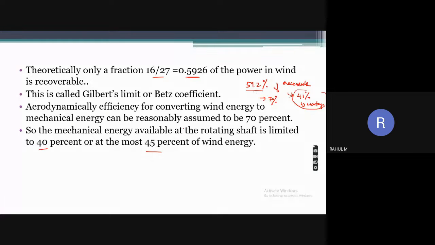This loss is due to the aerodynamic efficiency of the wind turbine. The wind incident on the turbine blades cannot be converted completely; some part of it, around 30 percent, is lost because of the aerodynamic efficiency.